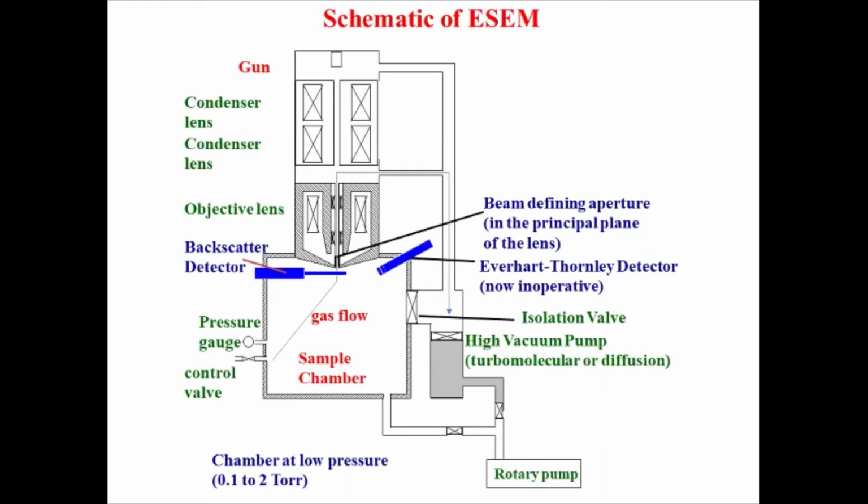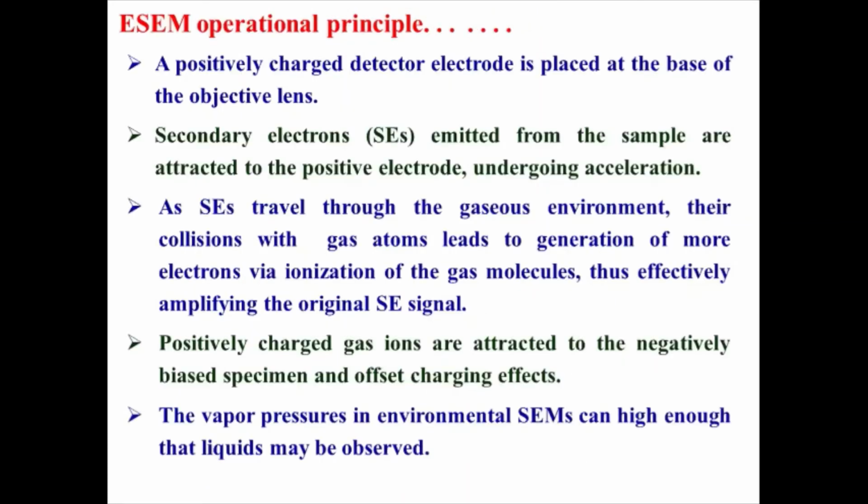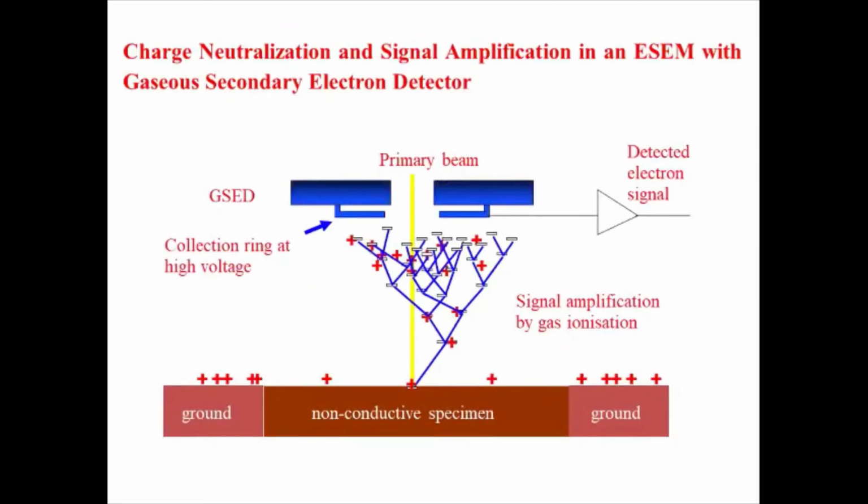When the electron falls on the material, secondaries will be emitted. But we know that if the pressure is nearly atmospheric, or maybe 1 torr or 10 torr or 0.1 torr, even then the molecular density is large. So these secondaries collide with the residual gas atoms.